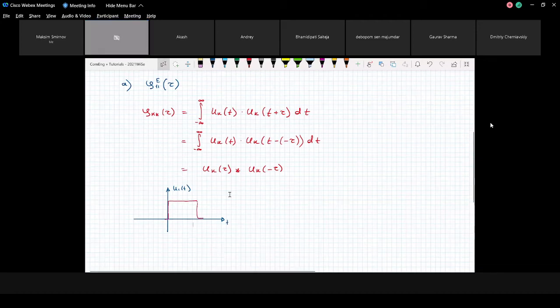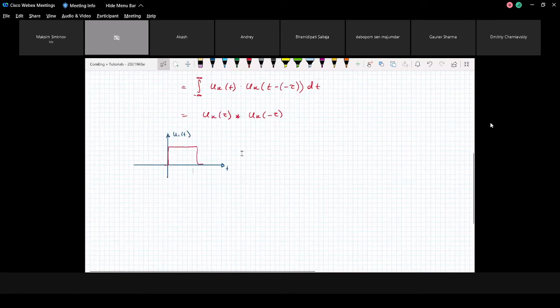The convolution means that we have to calculate the convolution between this signal and a slightly modified version of itself. What it means is that we shift our signal to the right or to the left, depending on the value of the delay that we try to evaluate. This is our signal u1 of t.